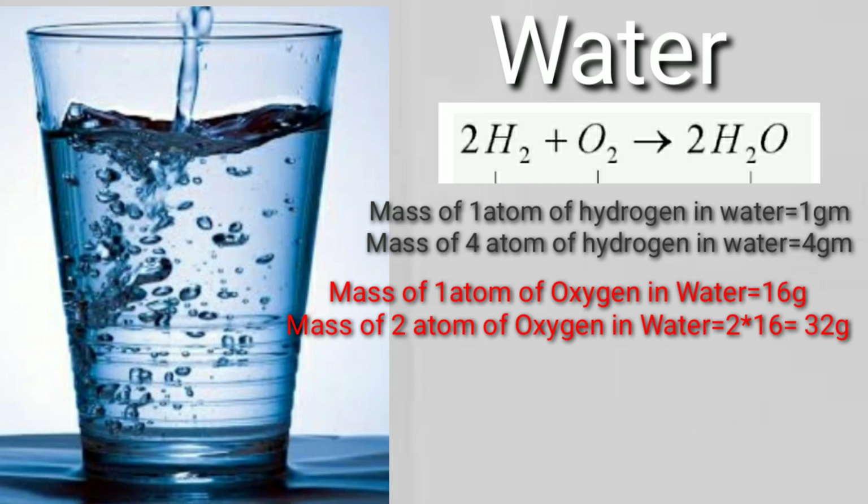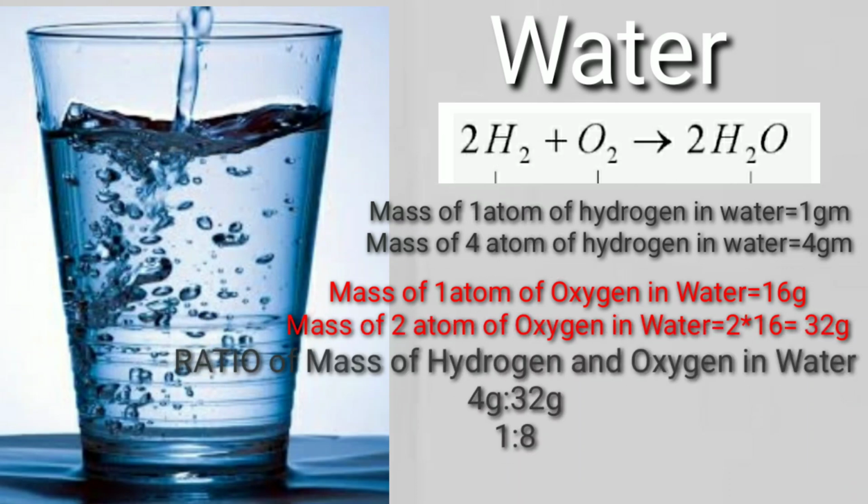The mass of one atom of oxygen is 16 grams. But here we have 2 atoms of oxygen, so the mass of 2 atoms of oxygen in water will be 2 into 16, that is 32 grams.